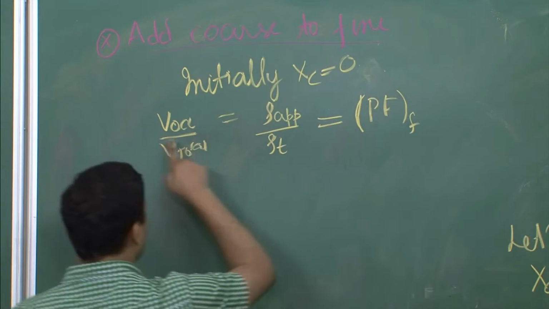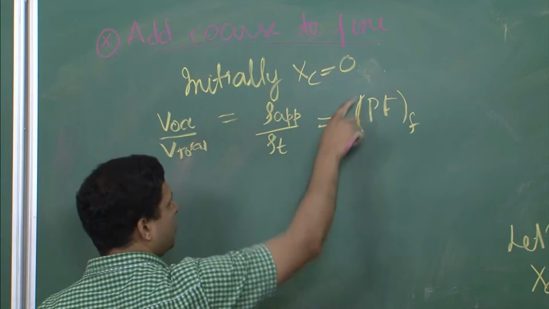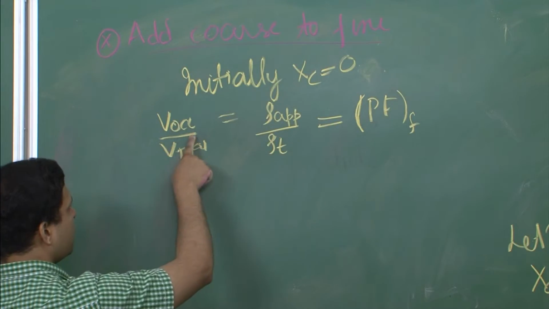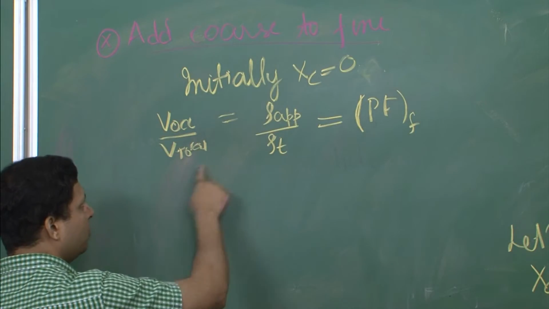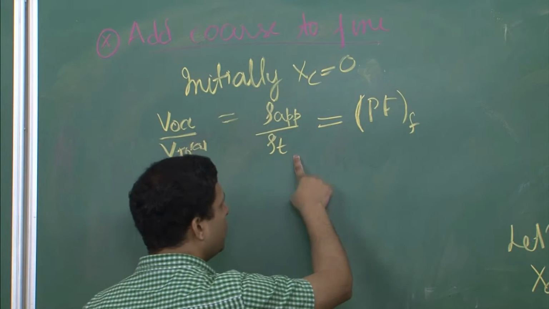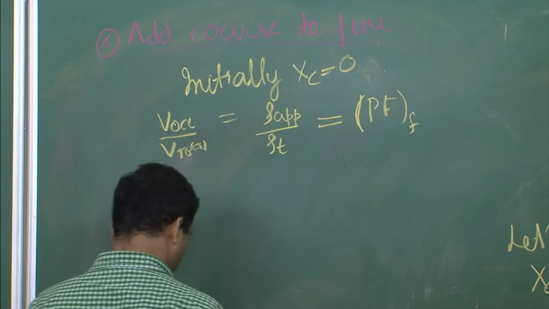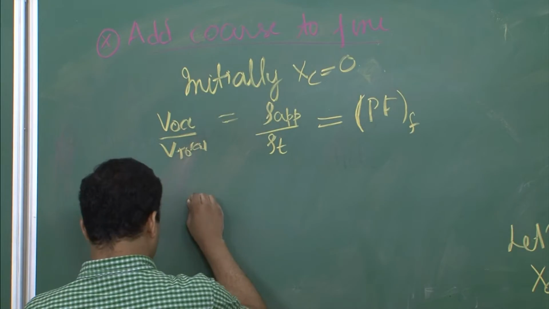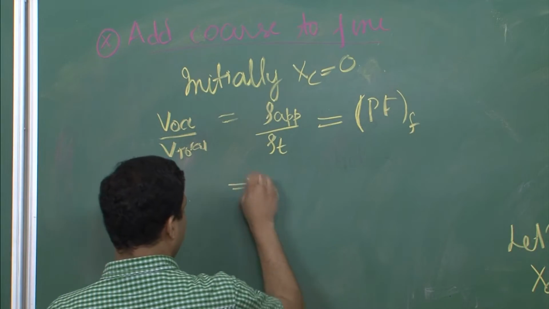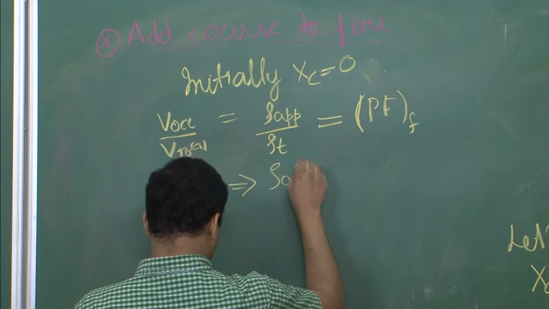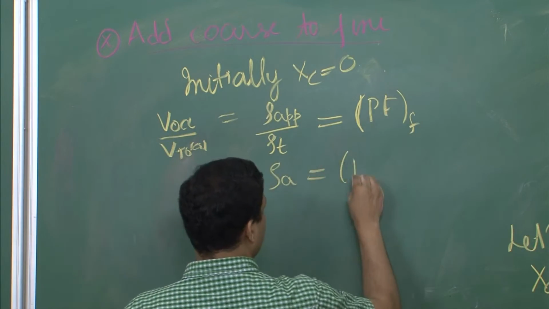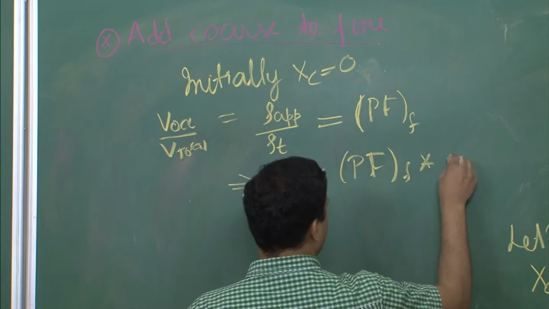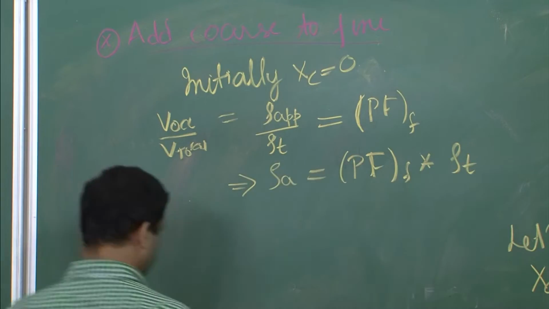So at the initial stage where Xc is equal to 0, the packing fraction apparent, which is V occupied by total volume, is equal to rho apparent by rho true, is equal to packing fraction fine. Now this would also imply that rho apparent is equal to packing fraction fine times rho true.